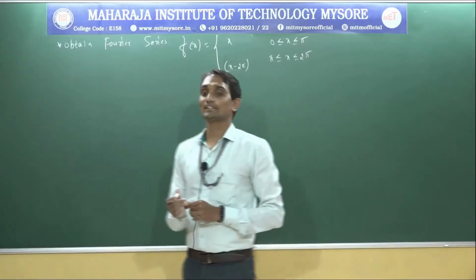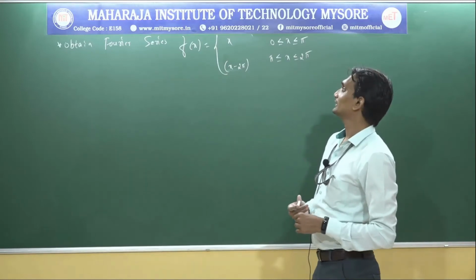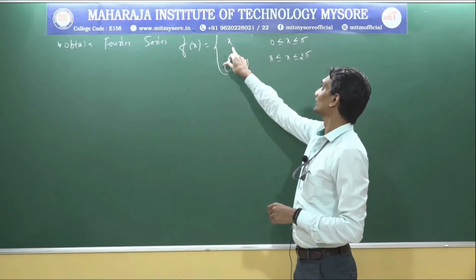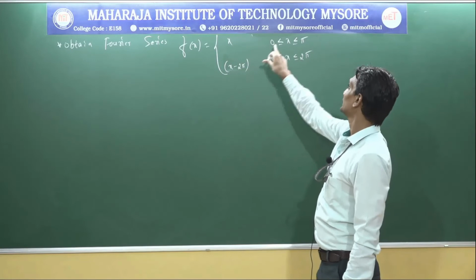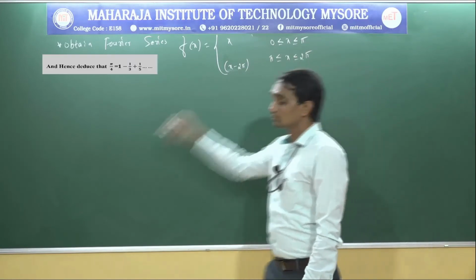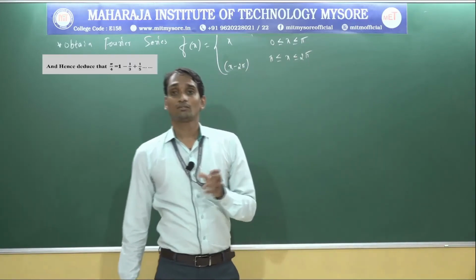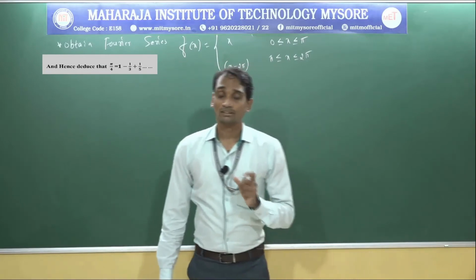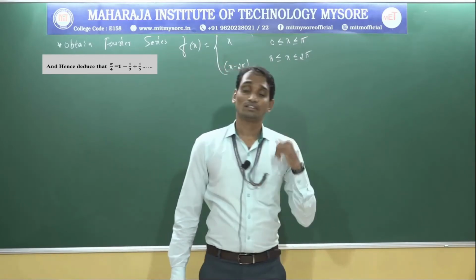Now we move on to the second question: obtain the Fourier series for the function f of x equal to x and x minus 2 pi in the interval 0 to pi, pi to 2 pi. Now the first thing is verifying the even and odd function method. Here they are divided into two functions, f1 and f2.